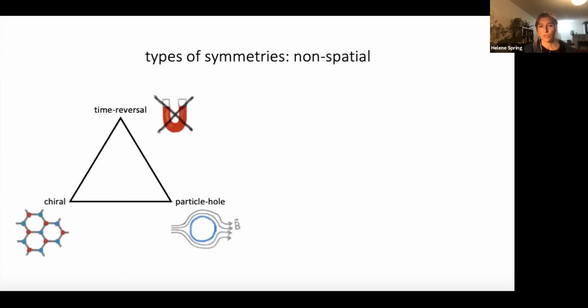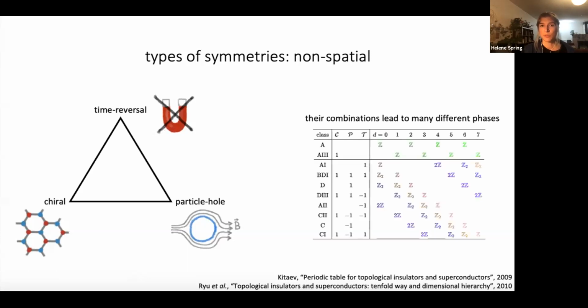Those are time reversal symmetry, present in non-magnetic systems, particle-hole symmetry, present in all superconducting systems, and chiral symmetry, present in systems with sublattice symmetry like graphene. These symmetries, when present alone or in various combinations, serve to constrain the behavior of the system, and in doing so, create many different topological phases. These symmetry classes form a periodic table for all topological insulators for all spatial dimensions.